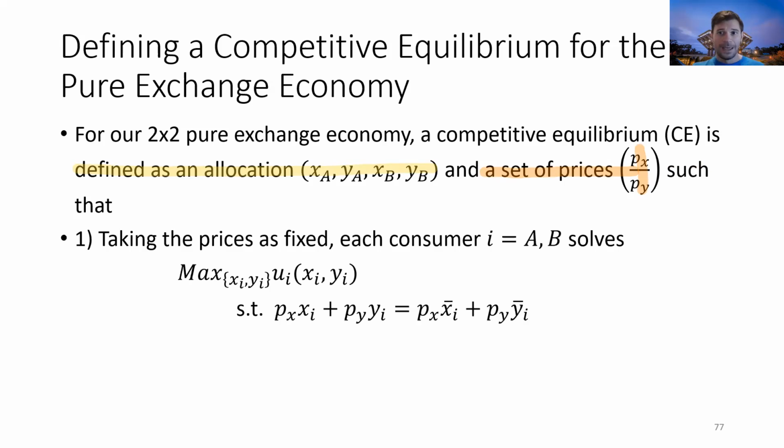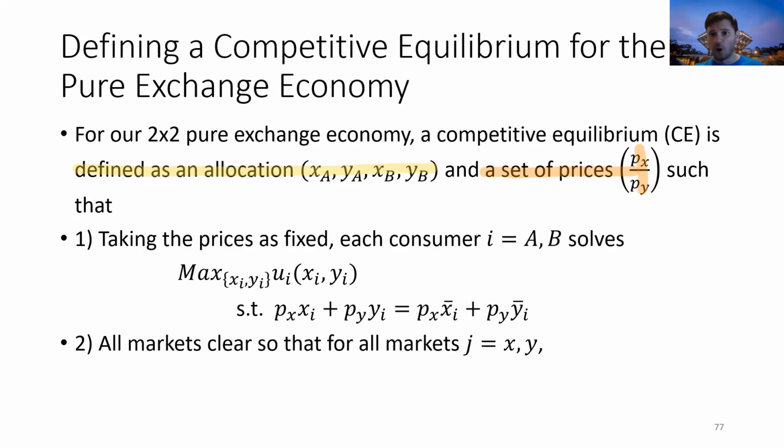And in the solution to that problem for all of the consumers, when we add up that behavior, all of the markets clear, so that the excess demands in every market are equal to zero.